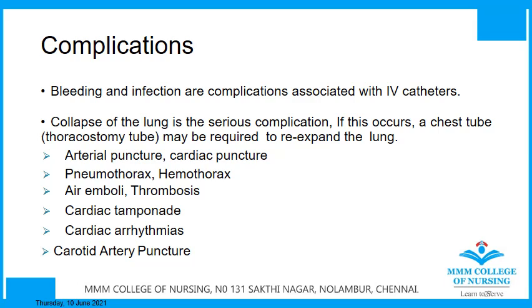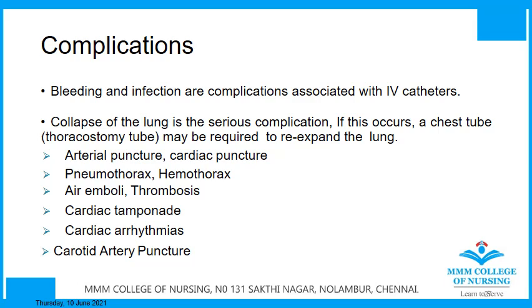Bleeding and infection are the ideal associated complications with IV catheters. Collapse of the lung is the serious complication. If this occurs, a chest tube, that is a thoracostomy tube, may be required to re-expand the lung.